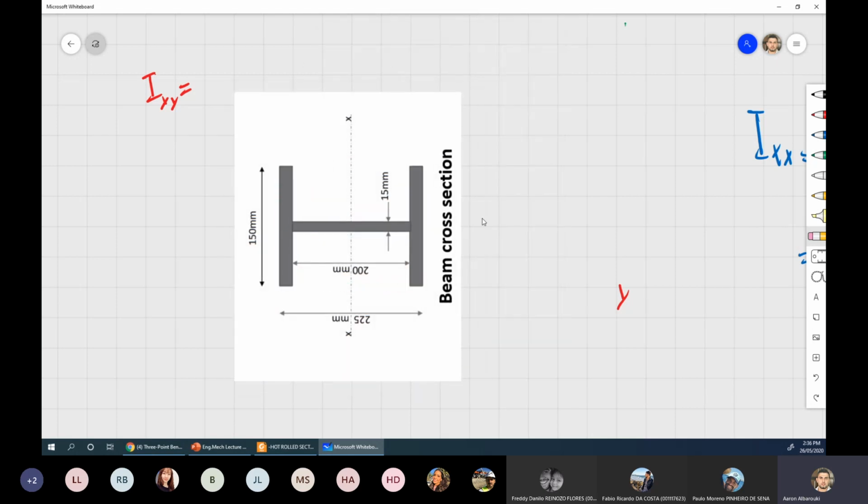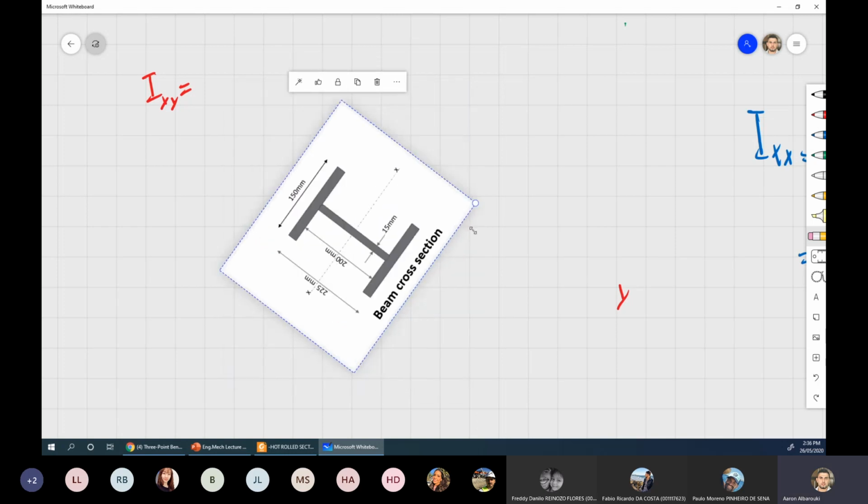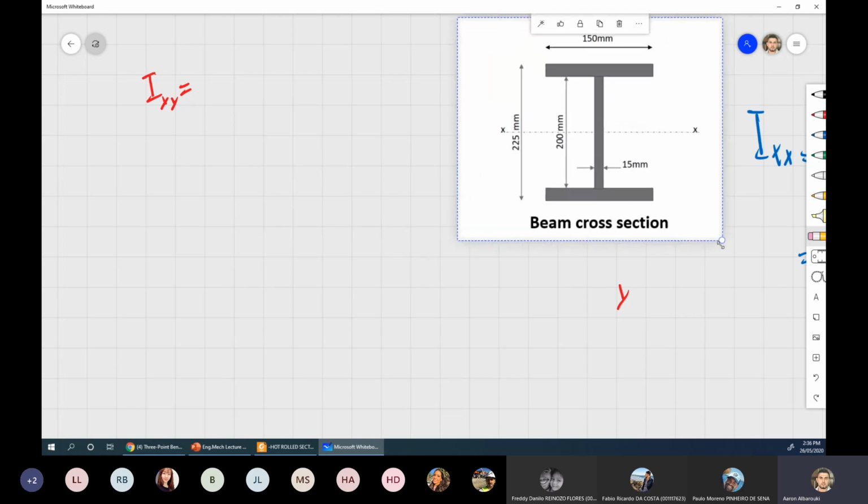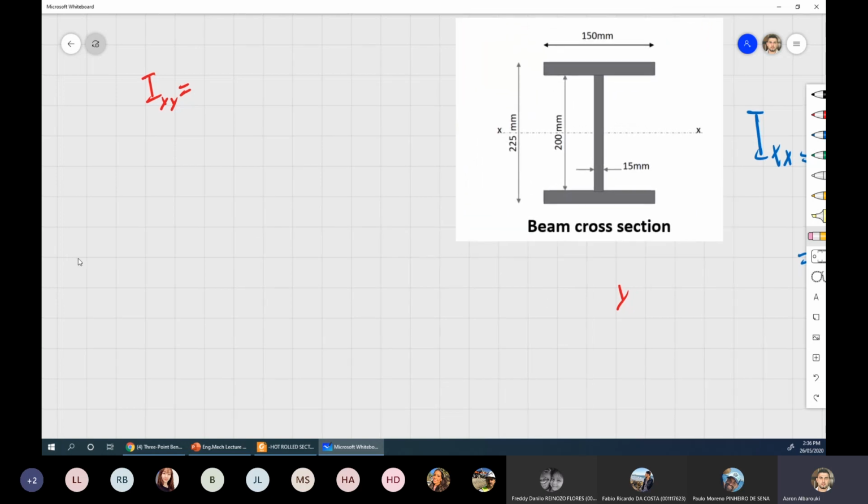Yep, okay. You should be able to just look at it this way. All you have to do in your mind is make sure that your H now is that way and your B is that way.